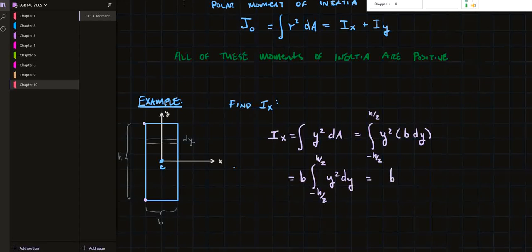So this equals, well, we pull the b out, the integral from minus h over 2 to h over 2 of y squared dy, which equals b times y cubed over 3, evaluated from minus h over 2 to h over 2.